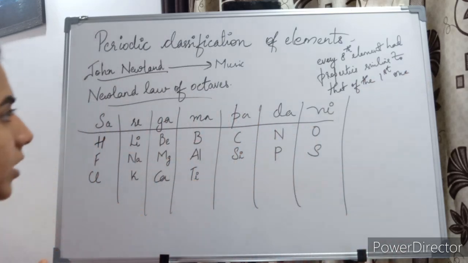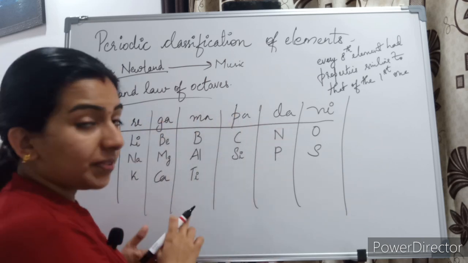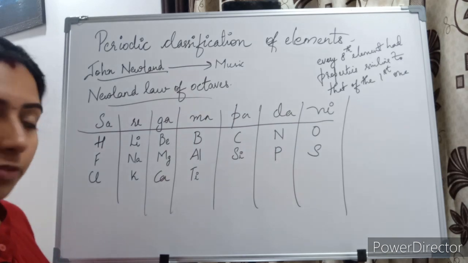That is, he just told that every 8th element in this table had a property similar to that of the respective first one.